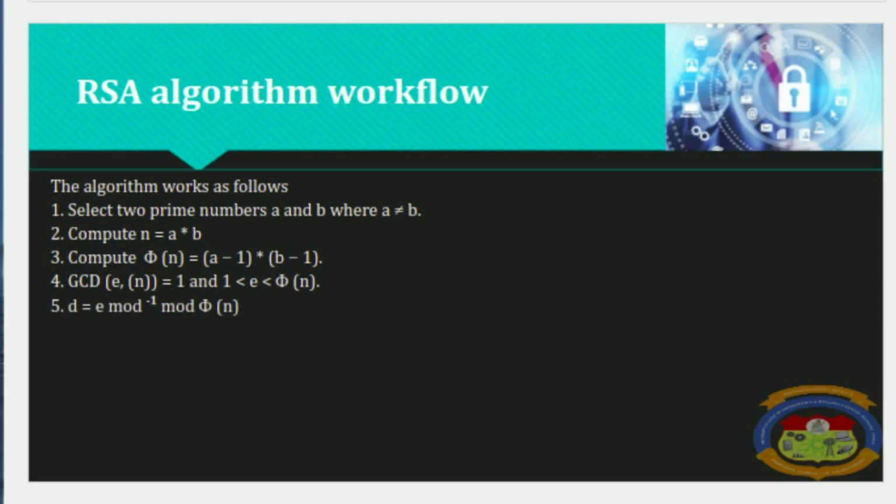In step 5, we calculate the private key D, such that D is equal to E to the power minus 1 mod phi of n. Under the RSA public key made of the prime numbers as well as the modulus n, the number E can be anything between 1 and phi of n.